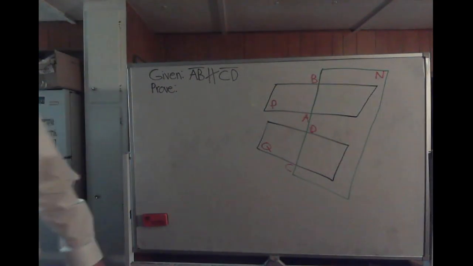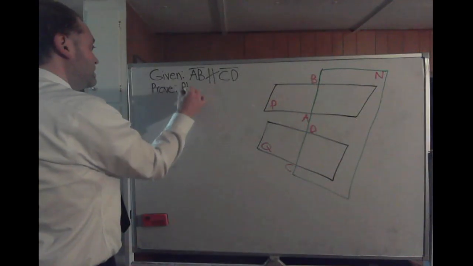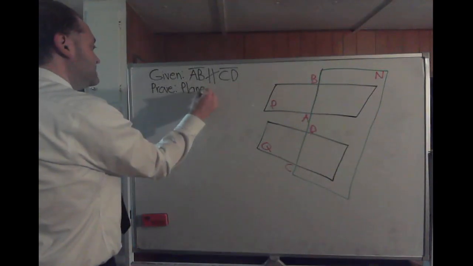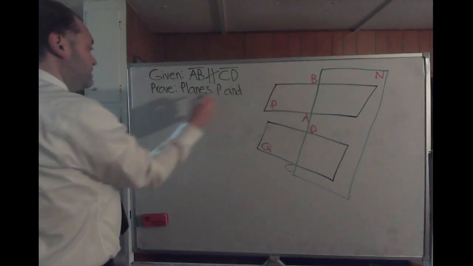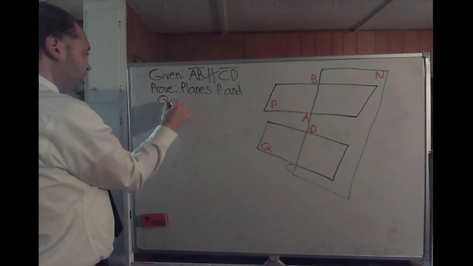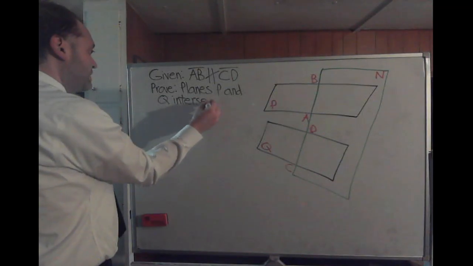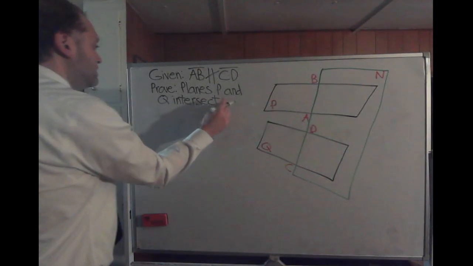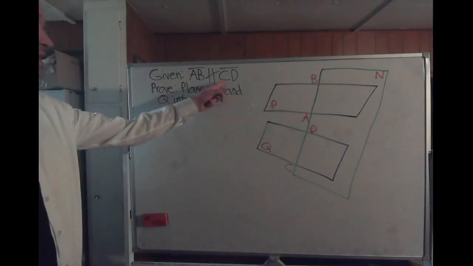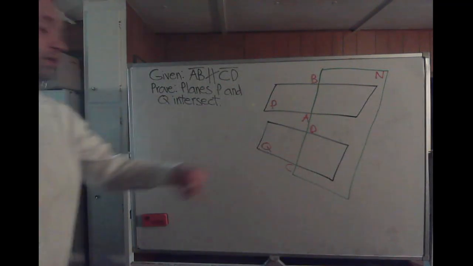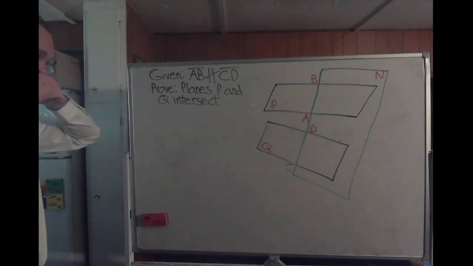We are to prove that planes P and Q intersect. So we're given that segments AB and CD are not parallel to each other. We have to prove that planes P and Q intersect.